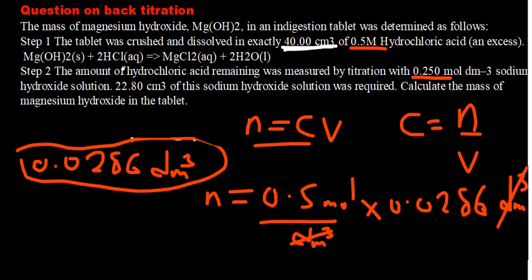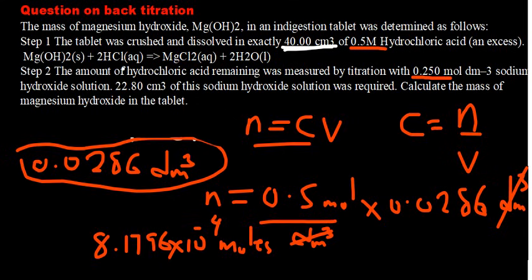So you have 0.5 multiplied by 0.0286. Oh sorry, let me just try to punch that again.